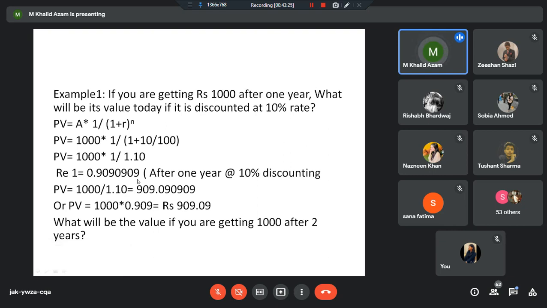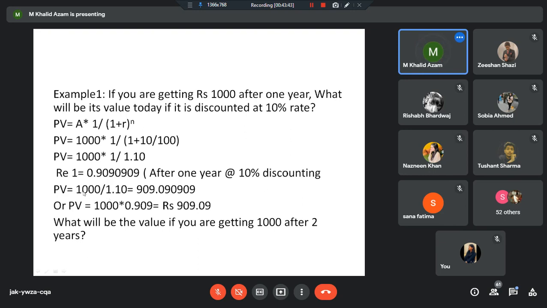It will not remain 1. Why? Because you are getting it after a year, so its value is definitely going to be less than that. It will become 90.9 paise after 1 year, discounted at that time.